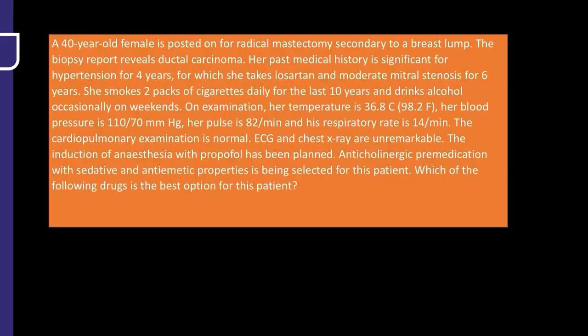Next, guys. A 40-year-old female is posted for radical mastectomy secondary to a breast lump. Biopsy revealed ductal carcinoma, past medical history significant for hypertension. She takes losartan and has had moderate mitral stenosis for 6 years. Smokes also, drinks also on weekends.